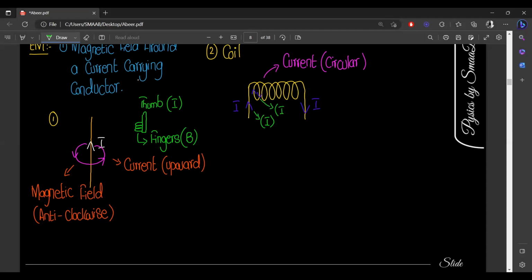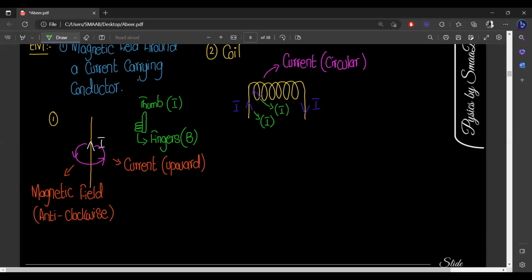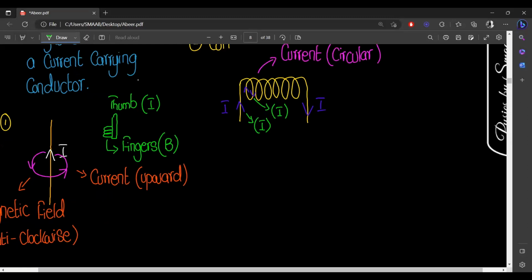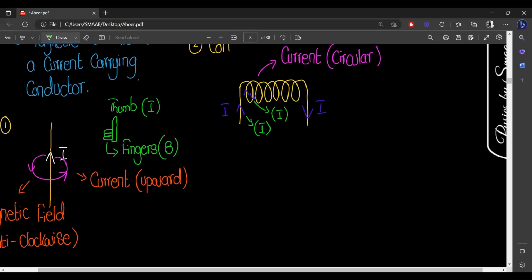So we consider the starting two points from this coil. First current is moving in upward direction, then it is moving in downward direction. Now you need to use your finger curl to find out the direction of electric current. These two directions can be identified with the help of your fingers now.